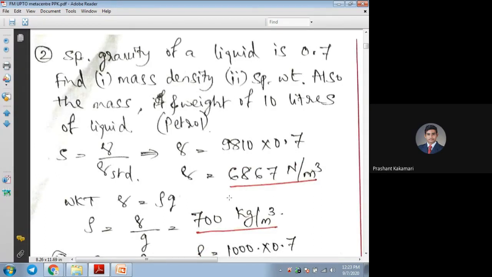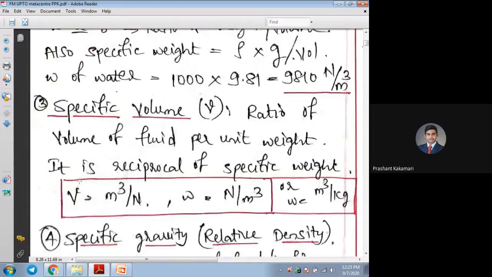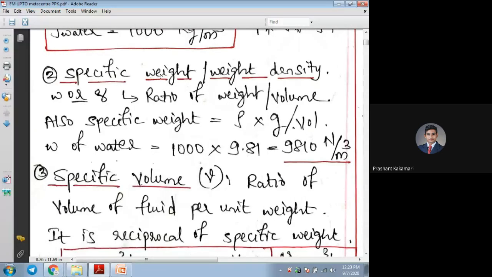Okay, now coming to the specific weight. The equation known for us: specific weight is nothing but density into g value. So the equation is wrong here; this should be only density into gravity. Or else you can take weight by volume, so that weight by volume becomes specific weight.